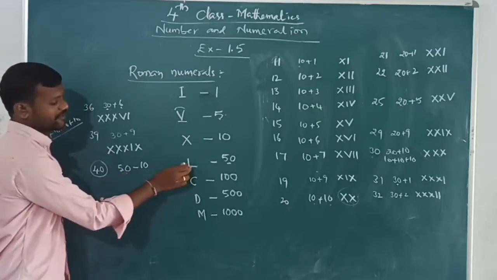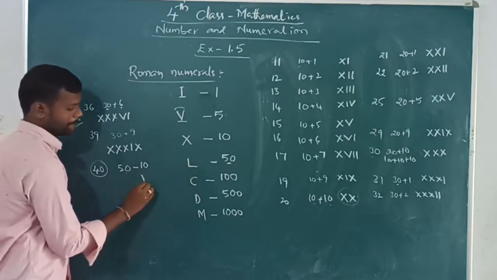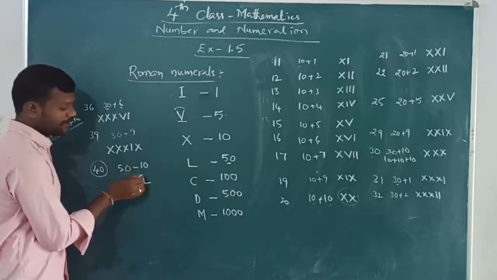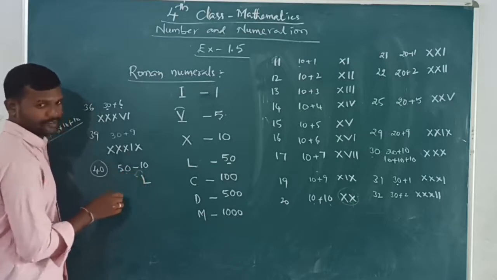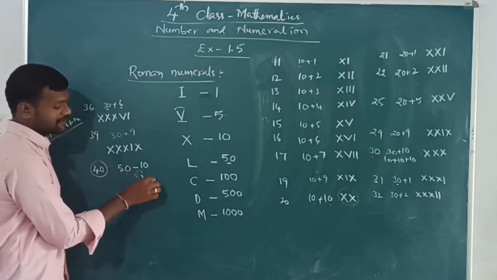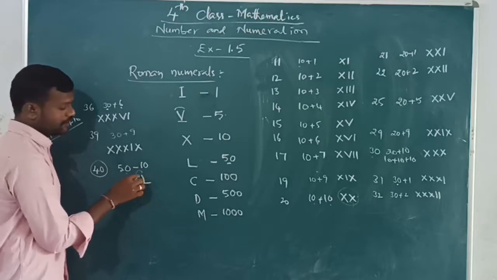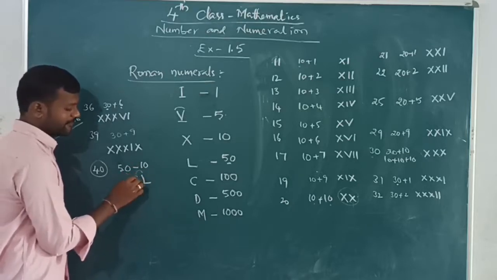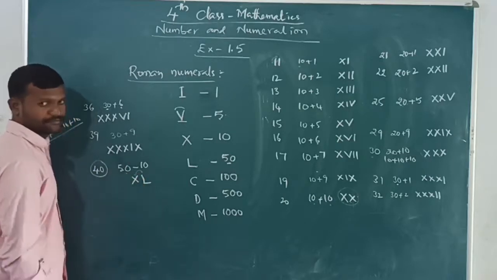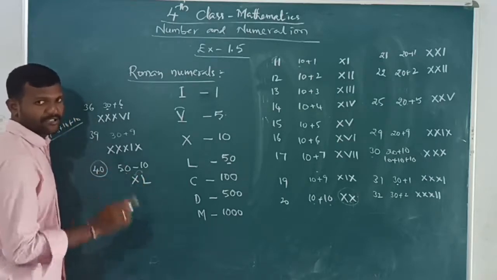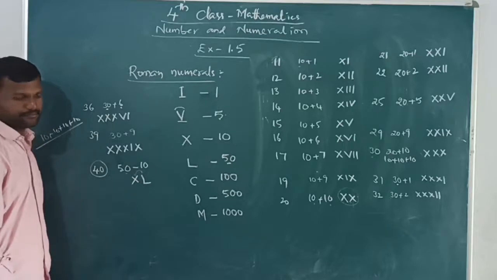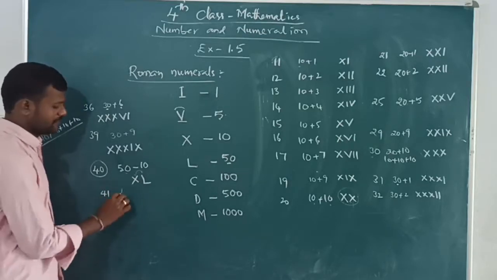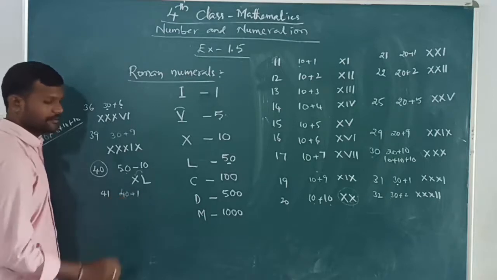What is the symbol for 50? L. We are doing minus. Minus means you have to write it on the front side. If there is plus, here we have to write it. So how much? 10. Subtracting 10, that's why in front of L we have to write X. XL, that is how much? 40.